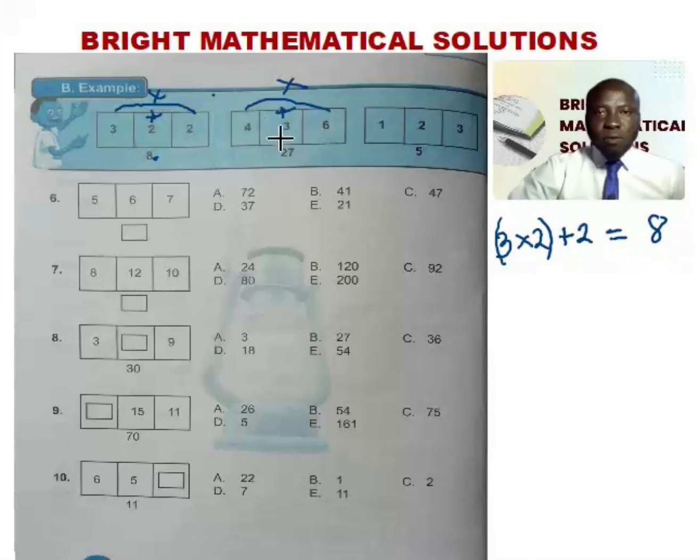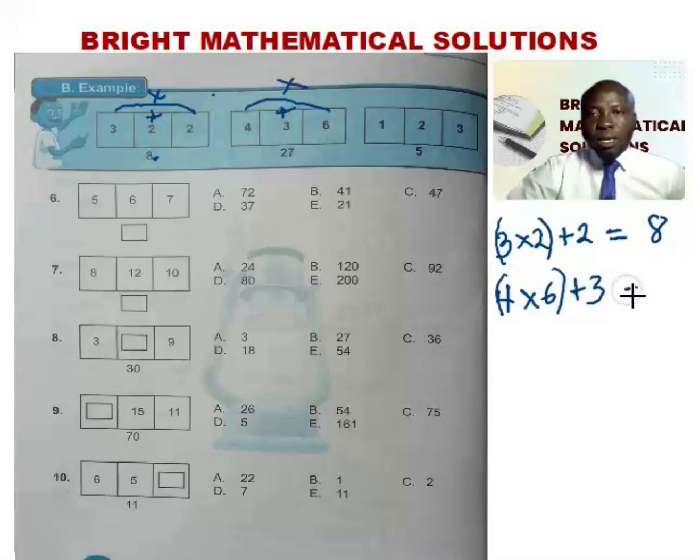Let us test it for the second, which says 4 multiplied by 6, that gives us 24, plus 3, and that gives us 27. Let us test for the third. 1 multiplied by 3 plus 2. 1 multiplied by 3, that's 3. 3 plus 2, that's 5.